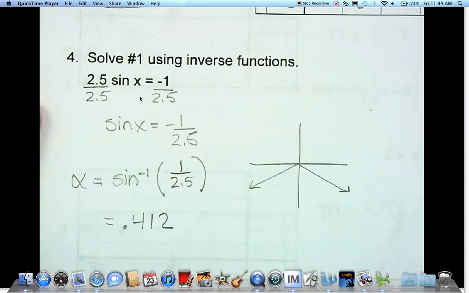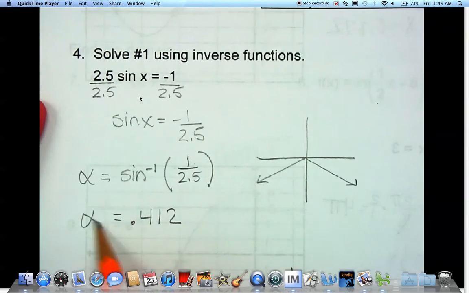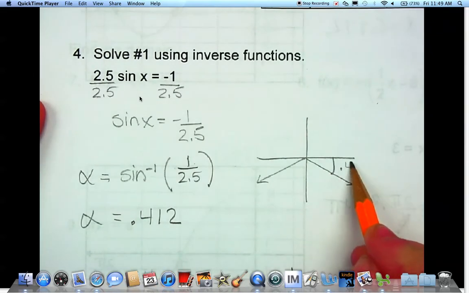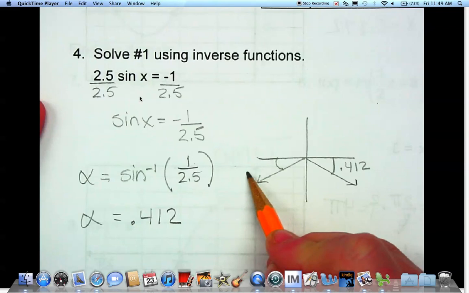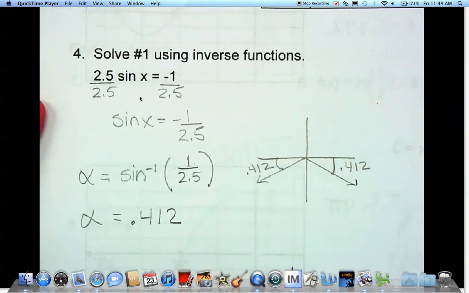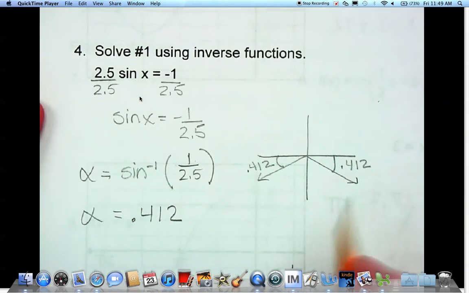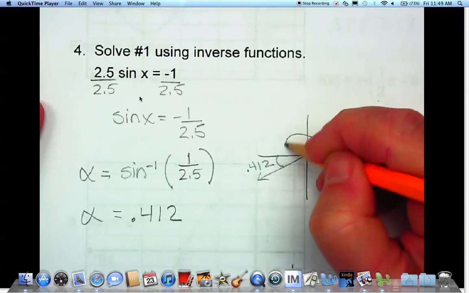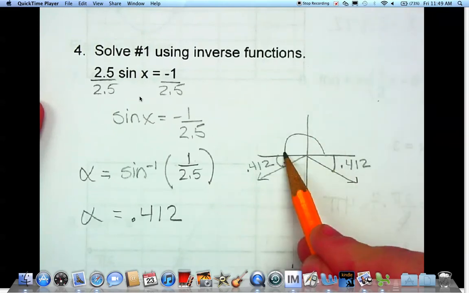This is your reference angle, 0.412. To find this angle right here, this is pi plus 0.412.